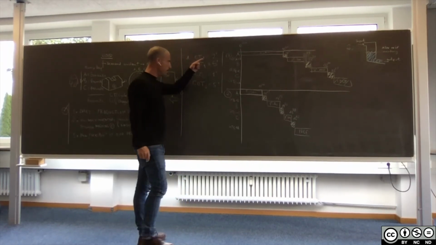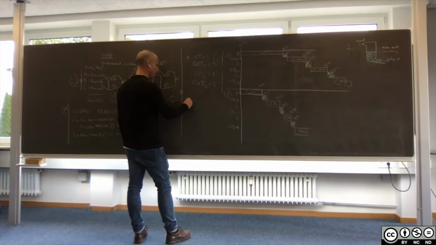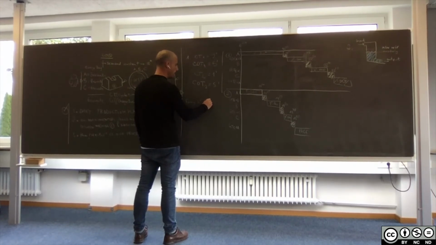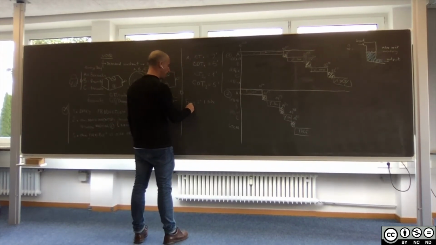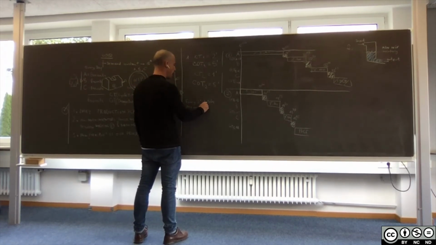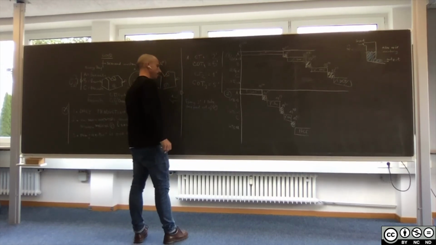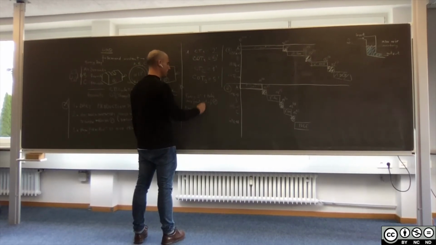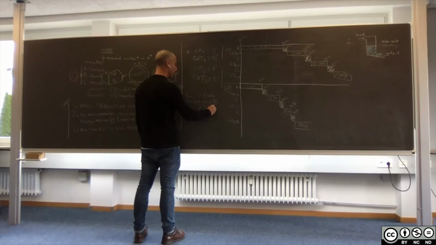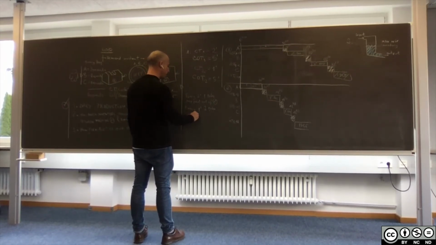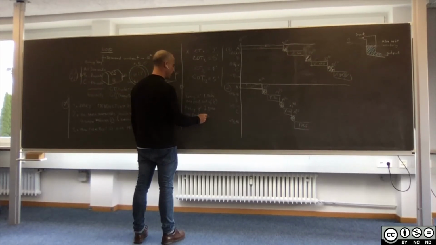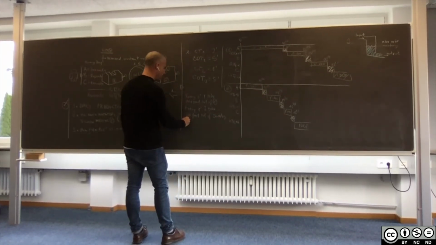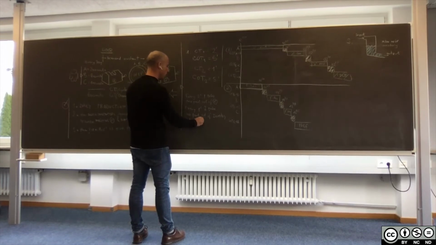Because every 2 minutes, I take one part out of machine 1, and every minute, I take one part out of the inventory between 1 and 2.